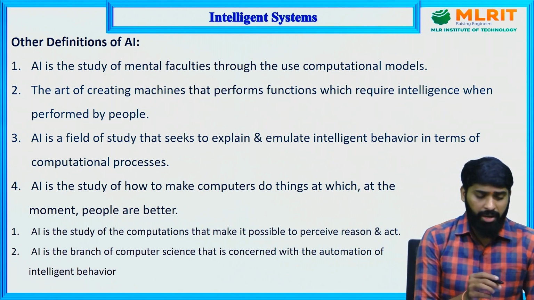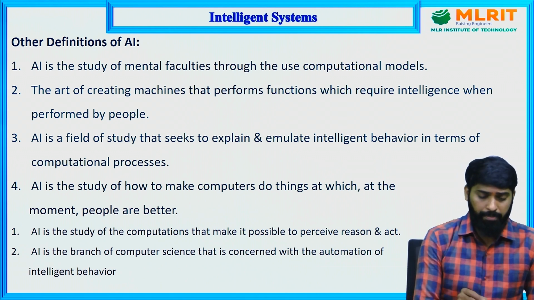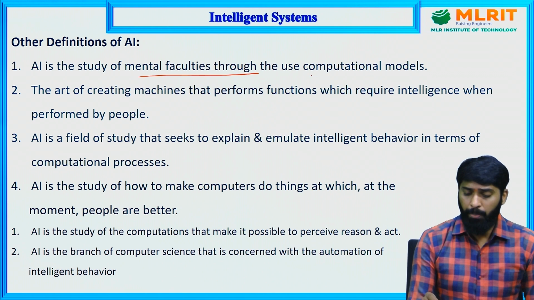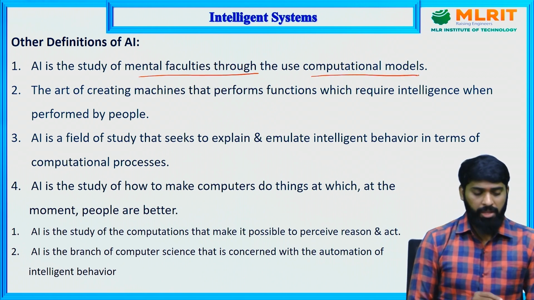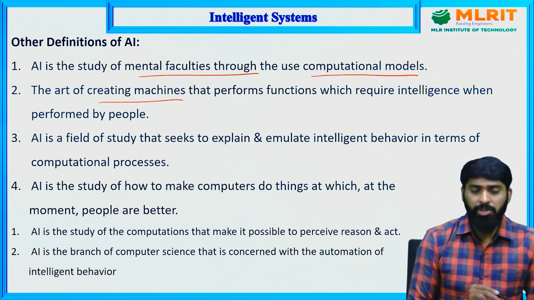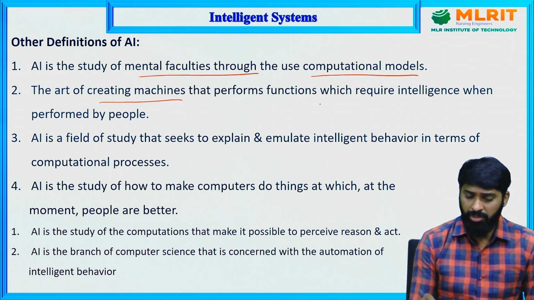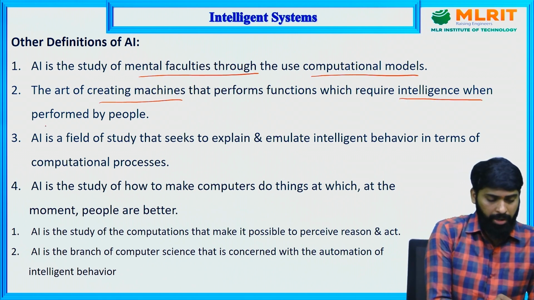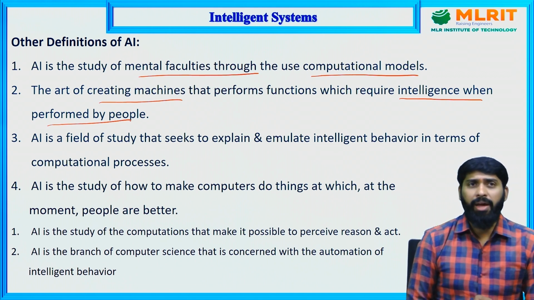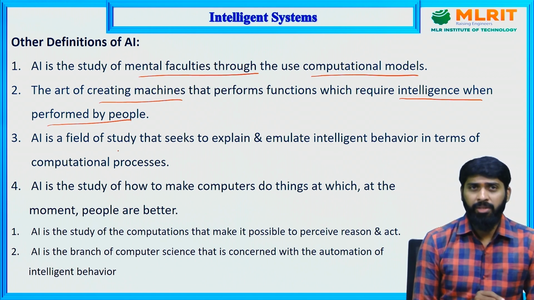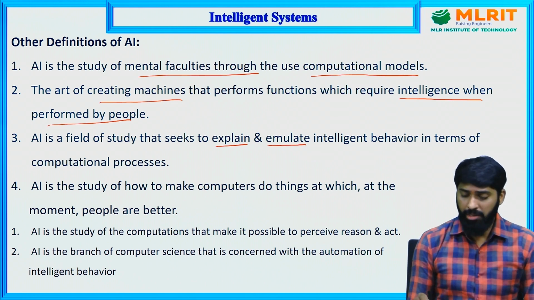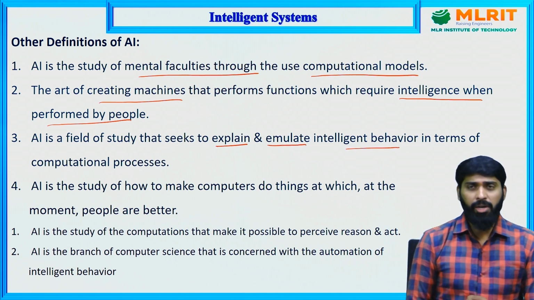These are some of the definitions of AI. First one: AI is the study of mental faculties through the use of computational models. The art of creating machines that perform functions which require intelligence when performed by people. AI is a field of study that seeks to explain and emulate intelligent behavior in terms of computational processes.